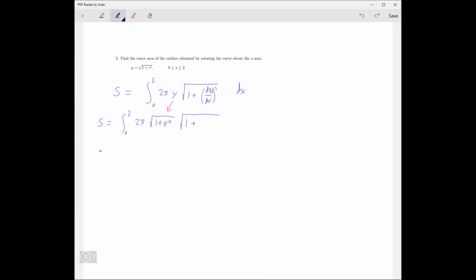Okay, now we need to figure out what dy dx is and square it. So let's do that really quickly. I like to write it as 1 plus e to the x to the 1/2 instead of writing the square root. And that's a 1/2.